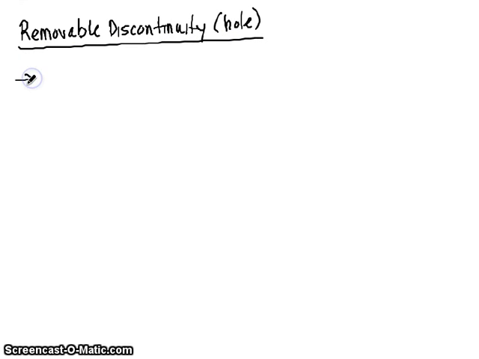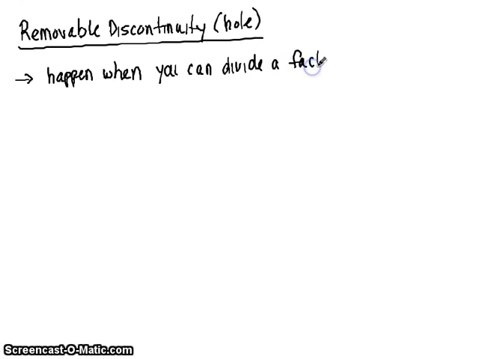If you remember from pre-cal, these are going to happen when you can divide out a factor from your denominator. Remember, our discontinuities are going to happen when our denominator is 0. If we can factor it out and cancel it away, it's going to be a hole.